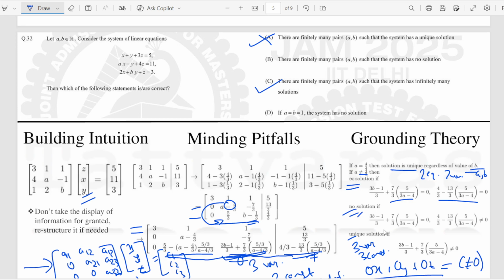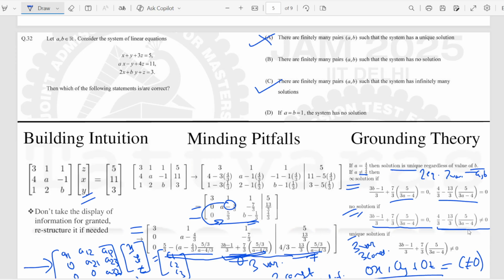And for no solution, again we have one constraint over here, and this is in a sense also a constraint, but the way it is put over here, there is infinite choice for a to take.